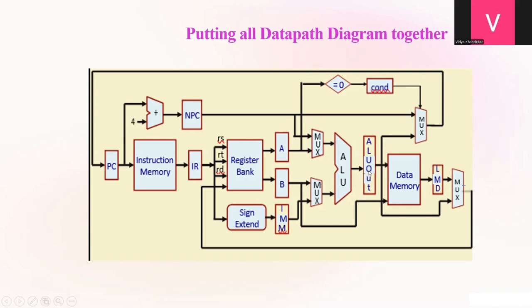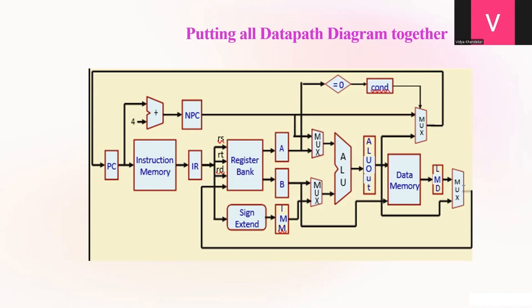Once data is available in ALU out, if it is required to get data from memory, it hits the data memory again, and the data is read and stored in a register known as LMD. Finally, from LMD it is written to the register bank in the write back step.